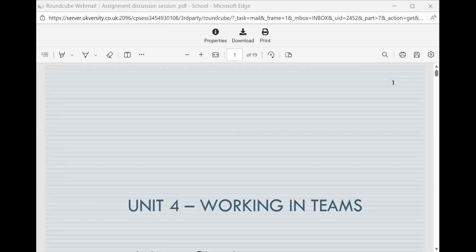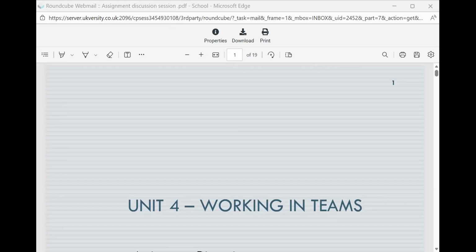Then we looked at the impact of poor communication within teams: if it's unclear what happens, if conflict occurs, or if there are unclear aims and objectives, how these would be addressed.